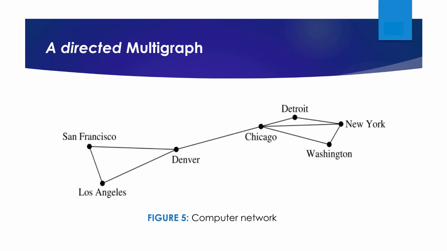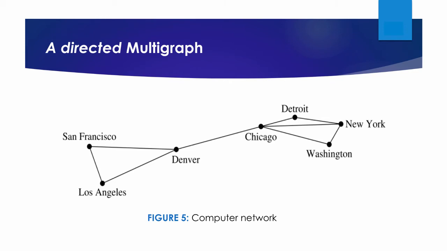When we build a graph model, we use the appropriate type of graph to capture the important features of the application. We illustrate this process using graph models of different types of computer networks. In all these graph models, the vertices represent data centers and the edges represent communication links.